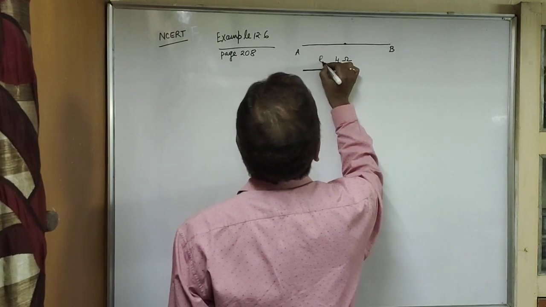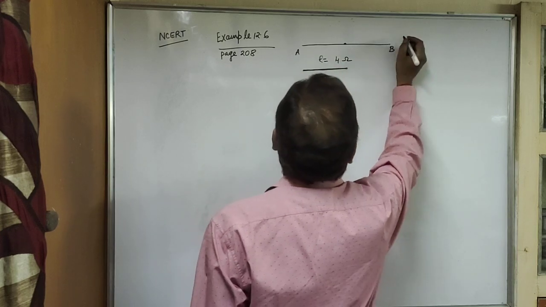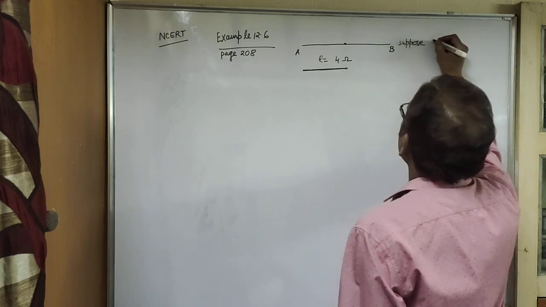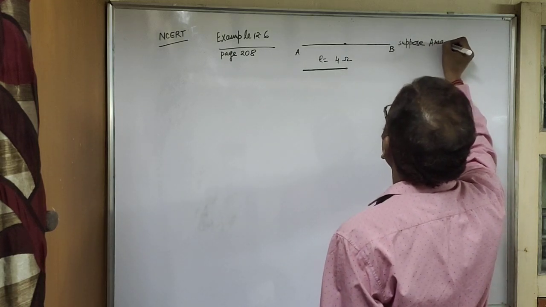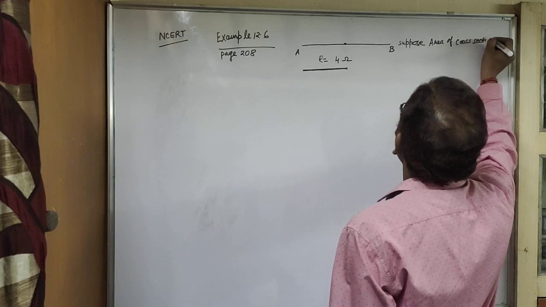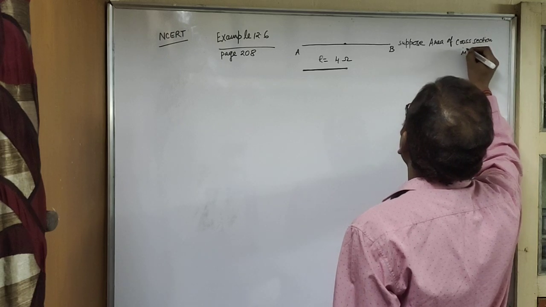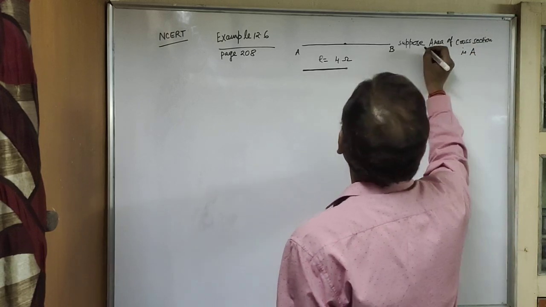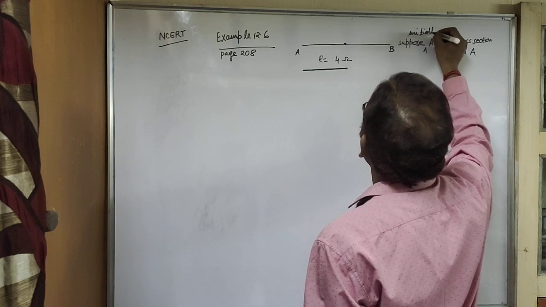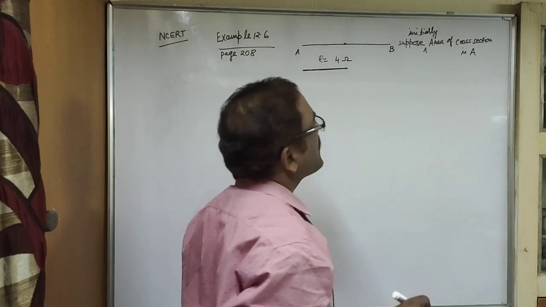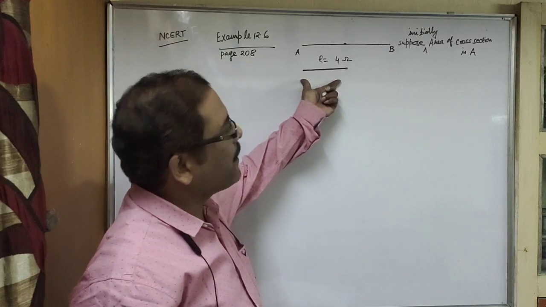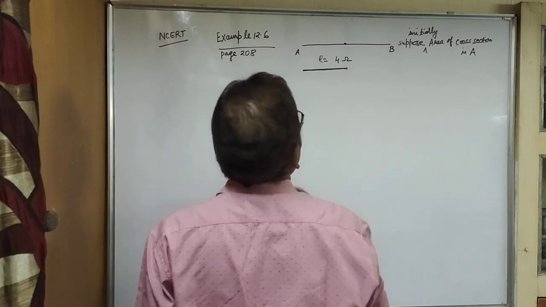So here resistance is given as 4 ohm, and suppose initially the area of cross section is A. Now when we double the wire, what will be the change?